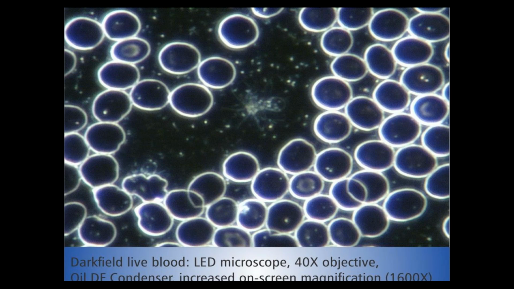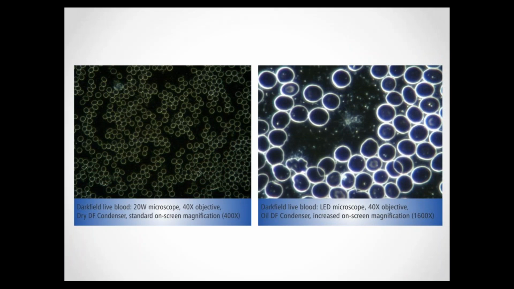But the most important factor that sets these microscopes apart and determines the price is really dark field. There is a very strict set of requirements for dark field analysis in live blood specifically. Many of these microscopes do have dark field capabilities, but when it comes to analyzing live blood, they're really not suitable.